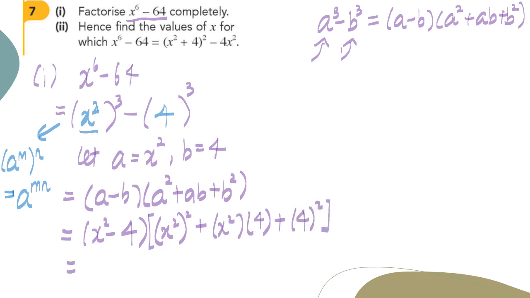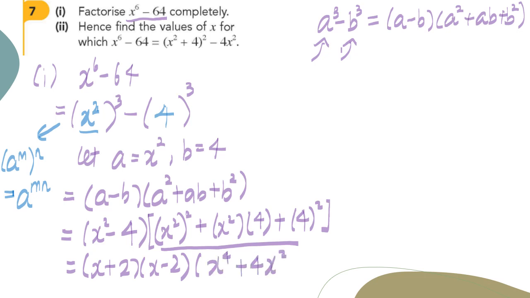Alright, so let's simplify. Now, x squared minus 4, you can further factorize it to be x plus 2 and x minus 2. And this one, you can simplify it to be x to the power of 4 plus 4x squared plus 16. Okay, right. So this portion here is important.